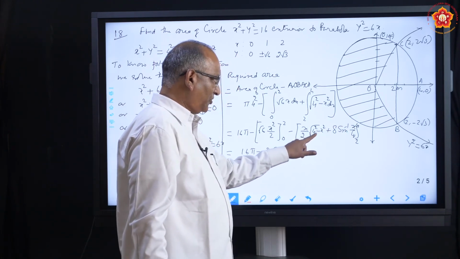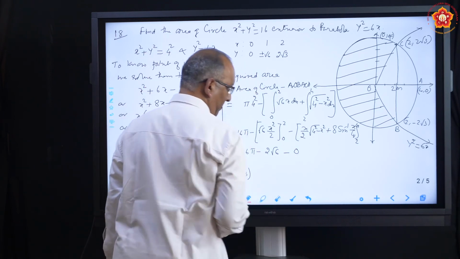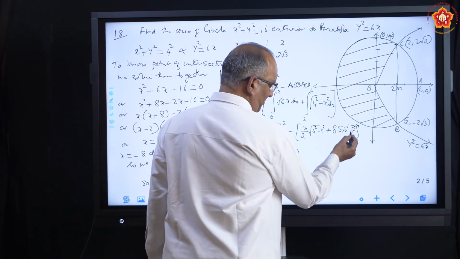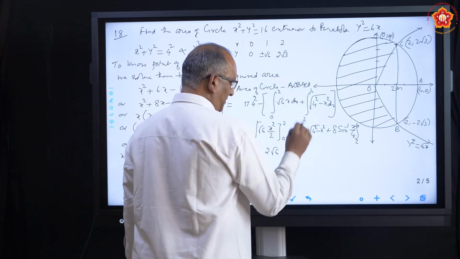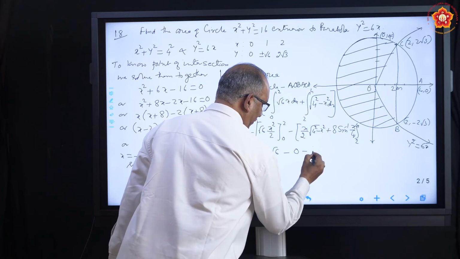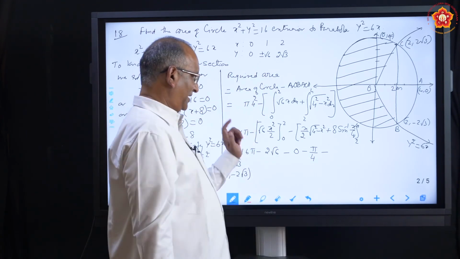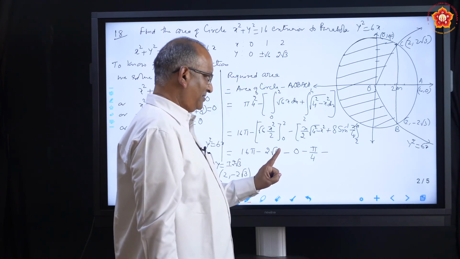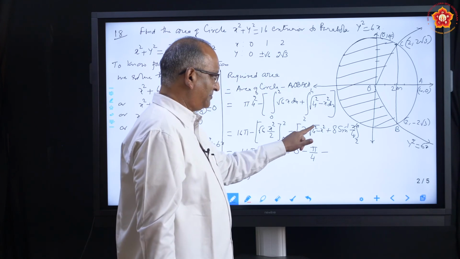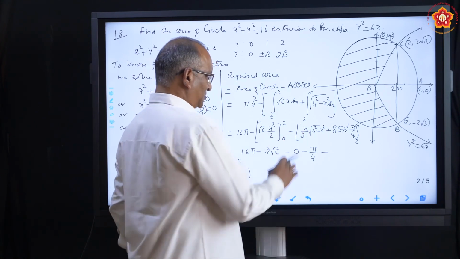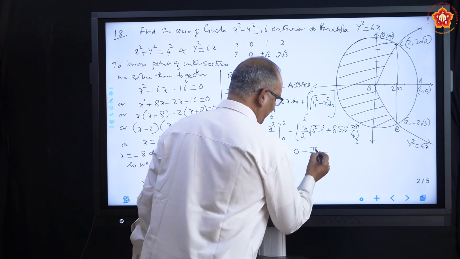If you substitute 4, you can see that the first term will become 0, and if you substitute 4 it will become 4 by 4 is 1, sine inverse 1 is pi by 2, pi by 2 into 8 is 4 pi, minus lower limit, 2 by 2 it will become 1, 4 square minus 2 square, 16 minus 4 is 12, square root of 12. Square root of 12 is 2 root 3.